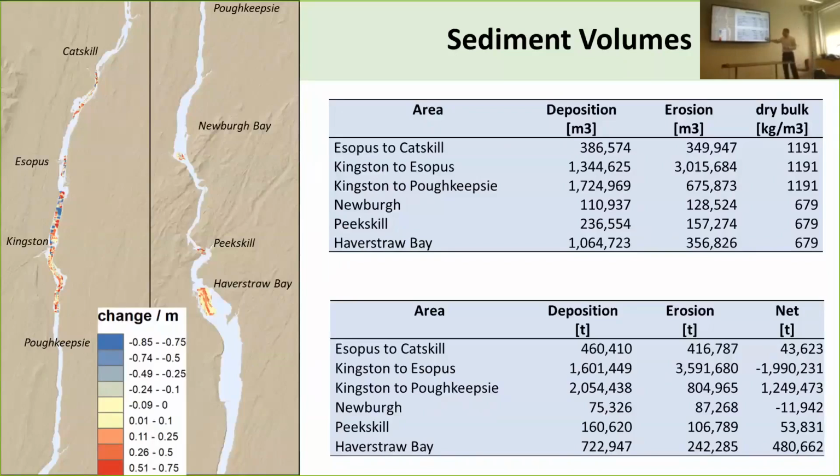Some of the other sediment might have ended up in Haverstraw Bay over time, but there might also have been a lot of local material. So most likely, most of the missing sediment is in the stretch between Kingston and Poughkeepsie. That's what we think.